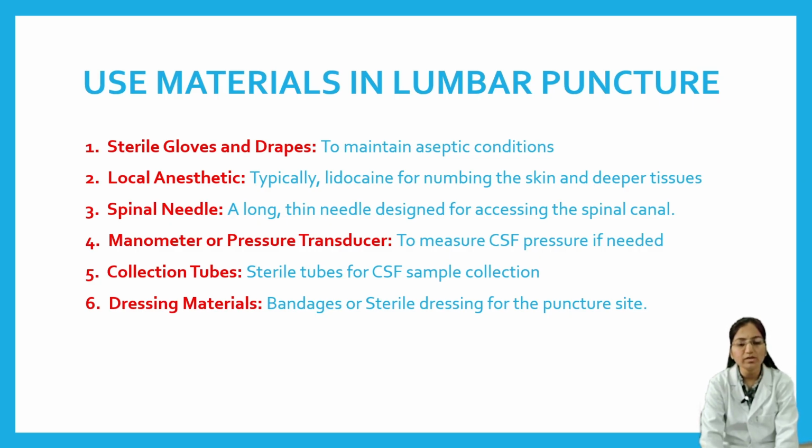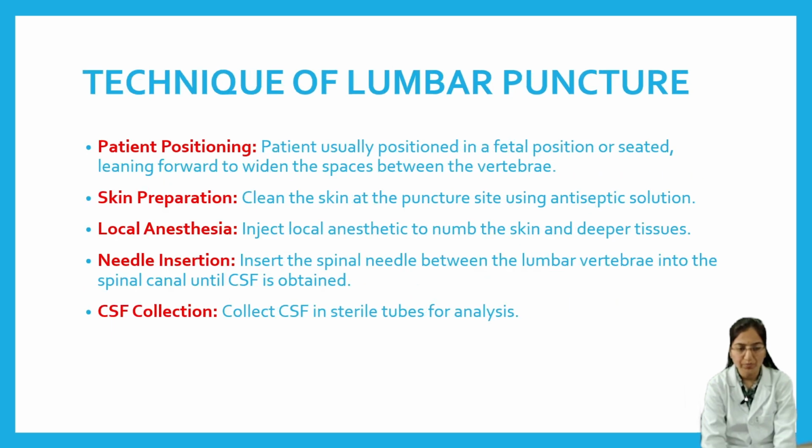And then the fourth one is manometer or pressure transducer to measure CSF pressure if needed. And then the fifth one is collection tubes, that is sterile tubes for CSF sample collection. And then dressing materials, that is bandages or sterile dressing for the puncture site. These are the materials used in the lumbar puncture.